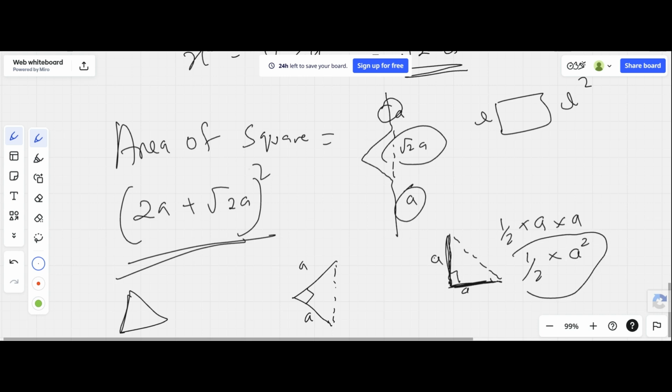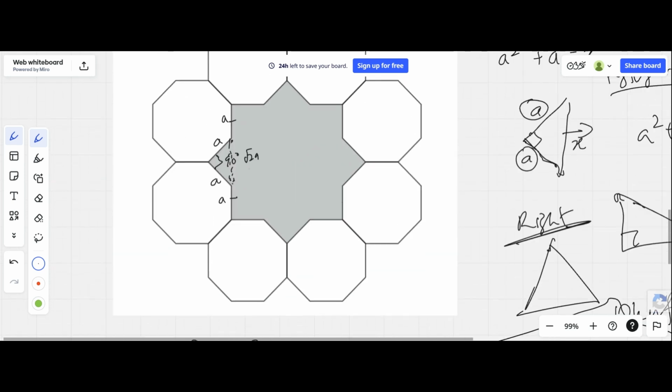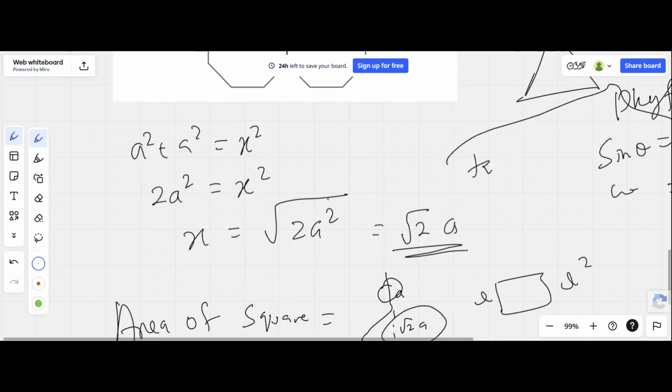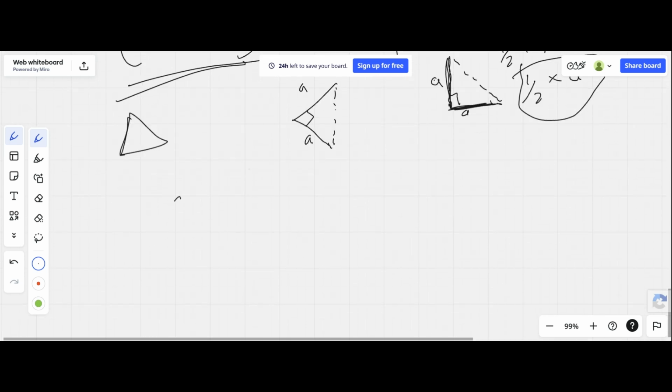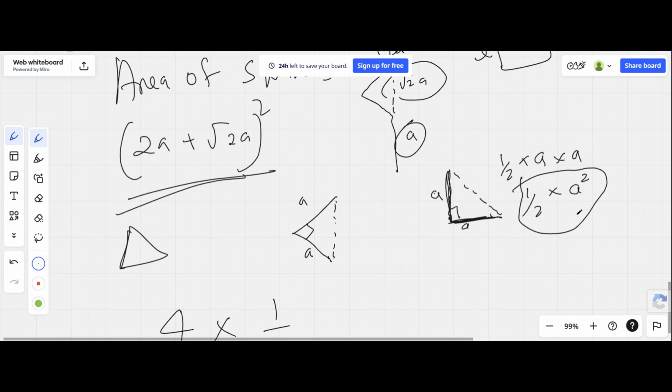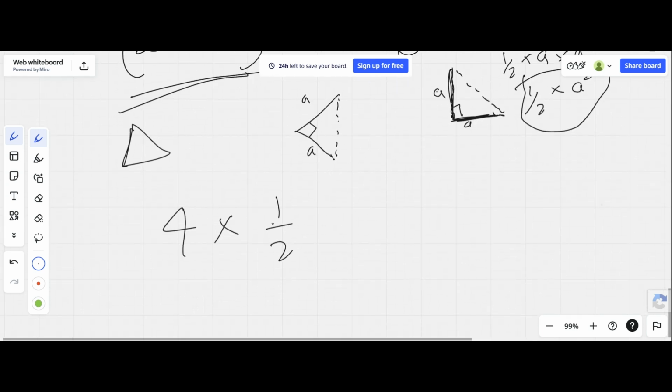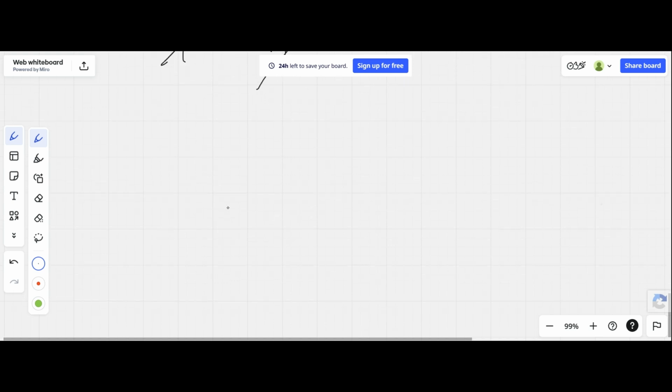This is the area of a triangle. How many triangles are there? Here one, here one, here one, here one. So totally there are four triangles. So 4 into half a squared. If you cancel it, the total area of the triangles is 2a squared.